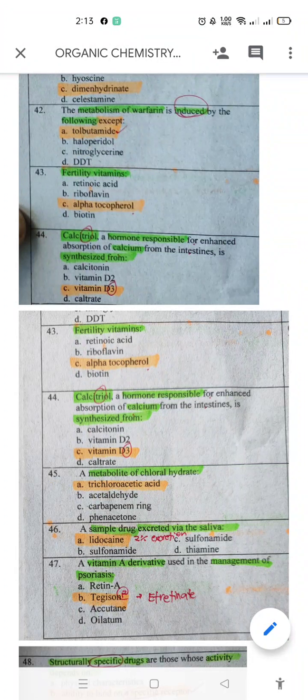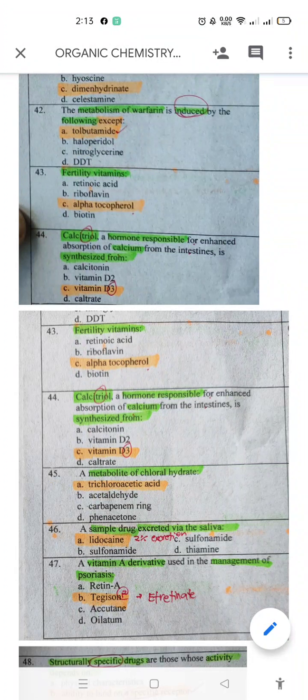So, let's repeat. Retin A or retinoic acid is the brand name of tretinoin, and it is used for the treatment of acne vulgaris as a topical.